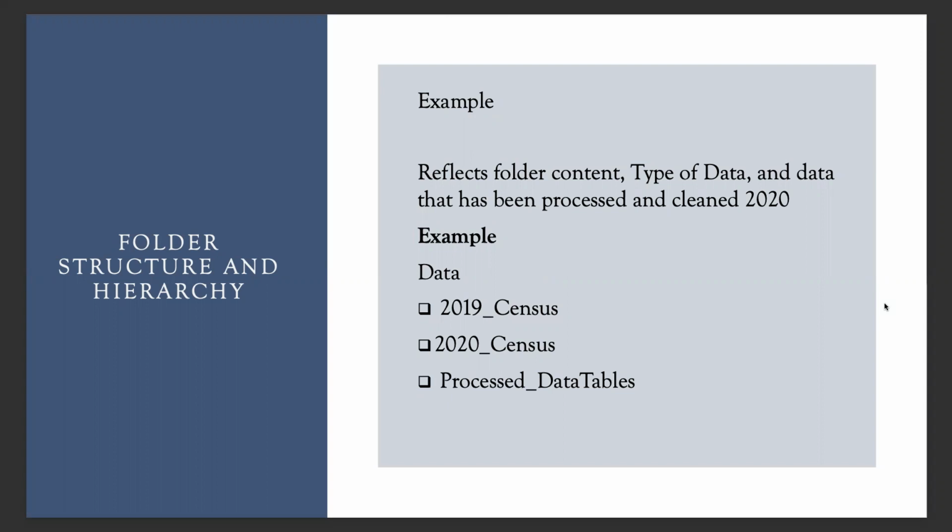So 2019 and 2020 census, you have collected the data in 2 different folders. And then you have the process data table. So if you have, say, combined the 2 years together and cleaned it up a little bit, reducing the redundant or replicating columns, then you might put it together in one Excel or CSV file and put it under processed data tables.